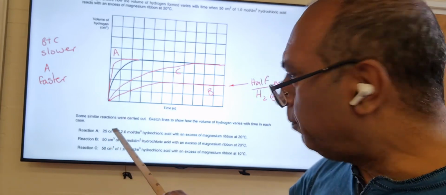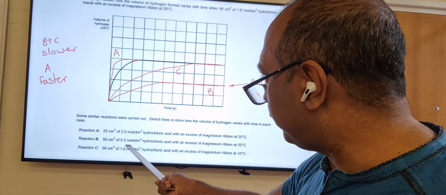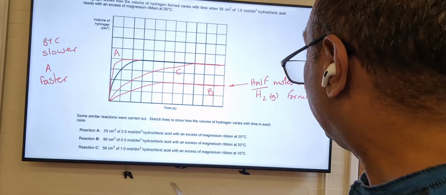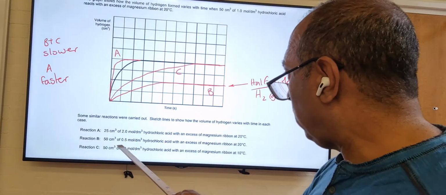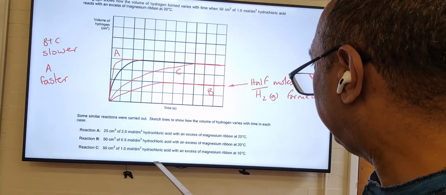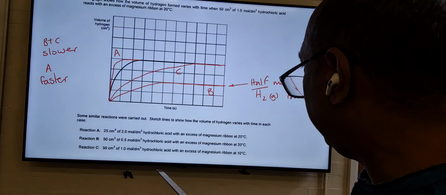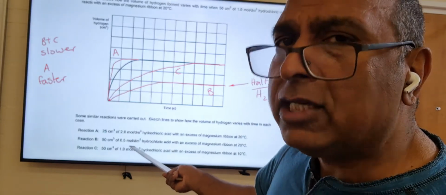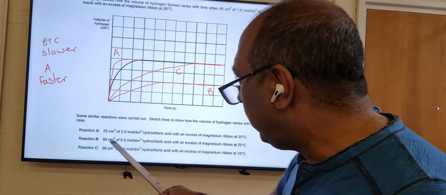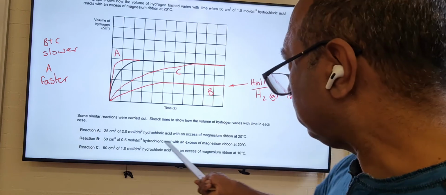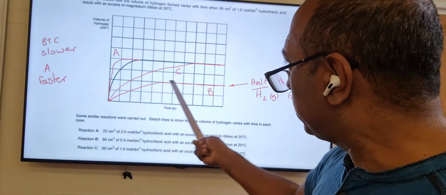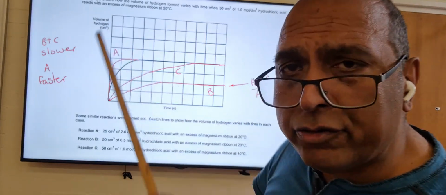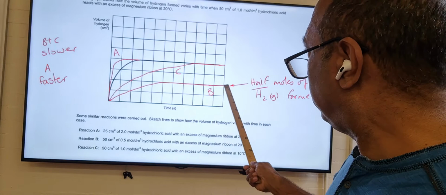How about B? Well, B is 50, but half the concentration, so it's a slower reaction. 50 of half molar is half as much acid. If it's half as much acid, then you get half as much volume of hydrogen coming off finally.